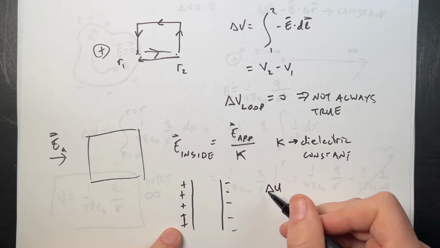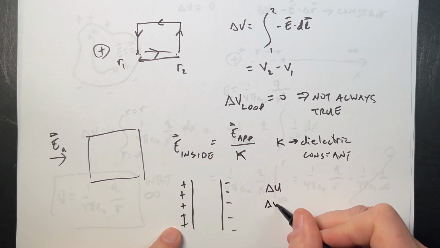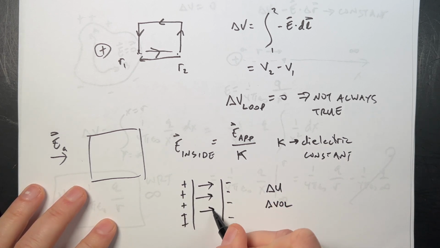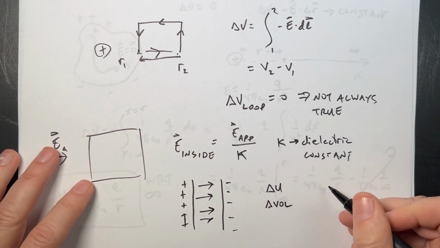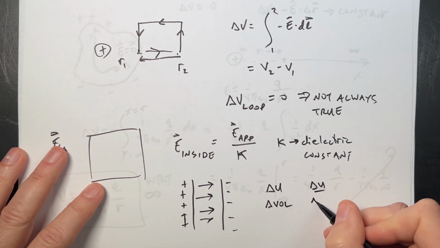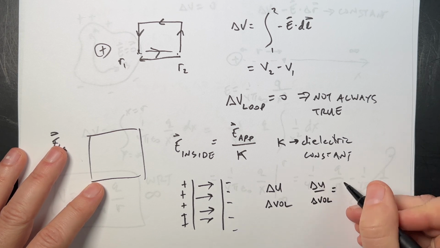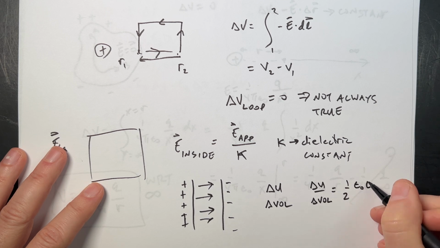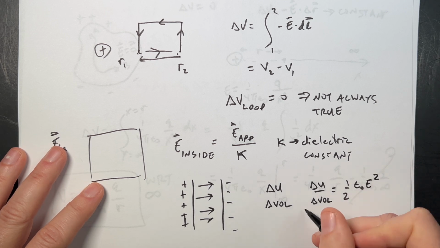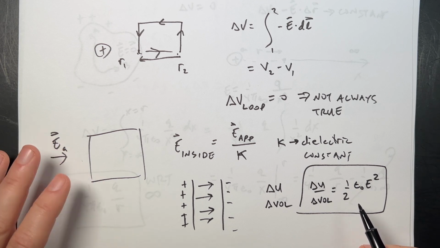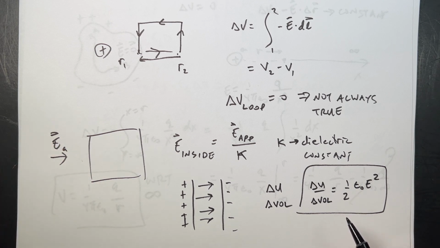And then I can calculate the change in volume because it's going to get bigger, right? I have a constant electric field in there, and so it's going to be in a bigger area. And it turns out that we can get the change in energy per change in volume, and it is 1/2 epsilon naught times the magnitude of the electric field squared. We call this the energy density for the electric field. It's not important now, but it's going to be important later.